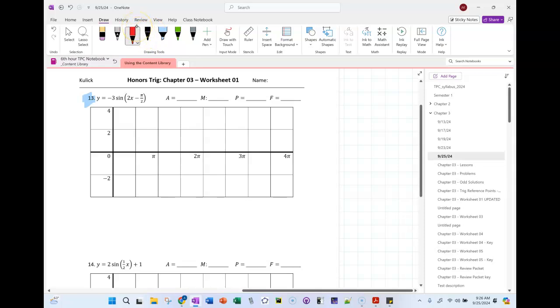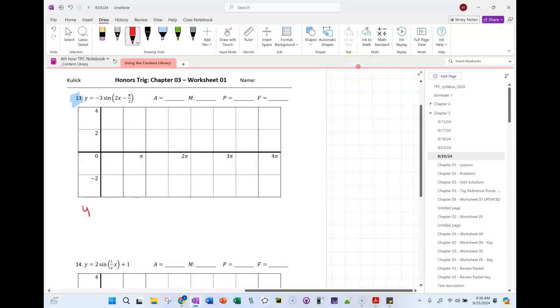So the first thing I need to do is identify the values for A, C, H, and K from the formula.